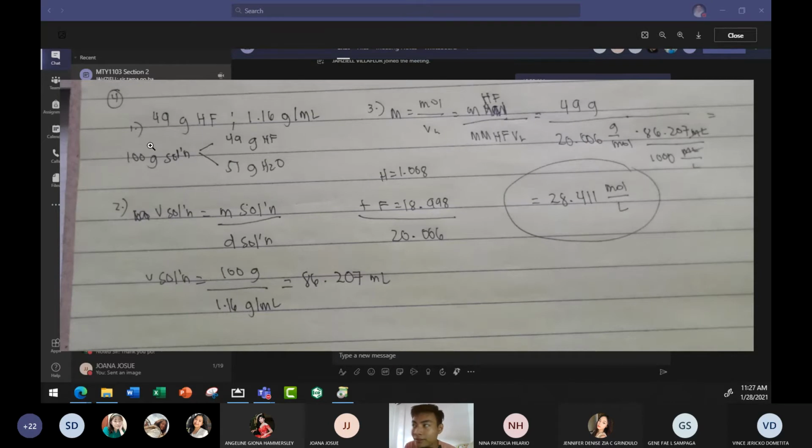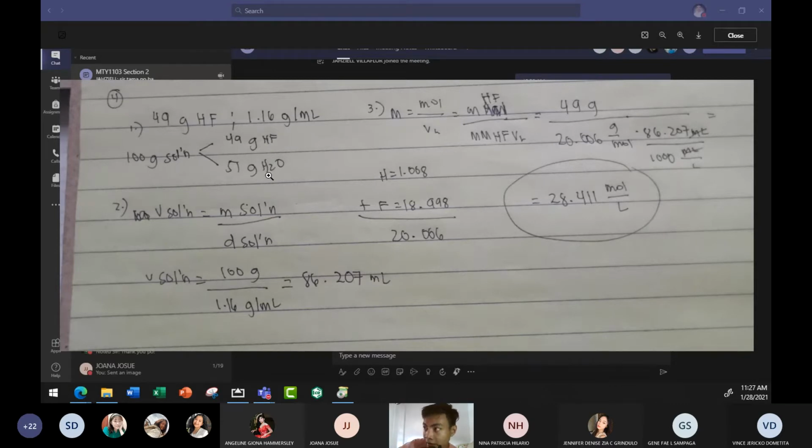Okay. So, ang una nyong gagawin is from the info, so you have 49% weight of HF, no? So that means if you have 100 grams of solution, 49 grams of which is HF, and the remaining 51 grams is water.